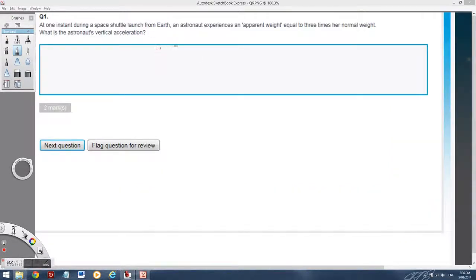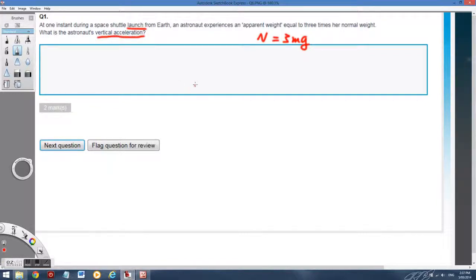Now have a look at this question. We have a space shuttle launch. An astronaut is experiencing apparent weight, so her normal force equals 3 times her normal weight, 3mg. What is her acceleration?